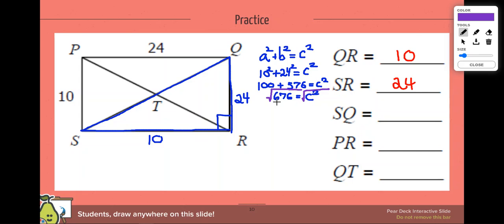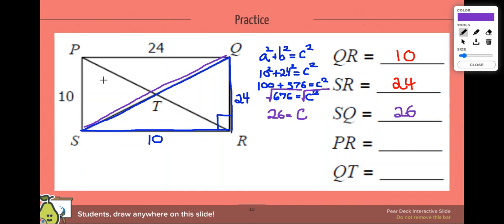I do the square root of 676. Yep, 26. Excellent. So 26, and then the square root of c squared is just c. Cancels out. So the length of our diagonal, or the hypotenuse of the triangle we formed, is 26.